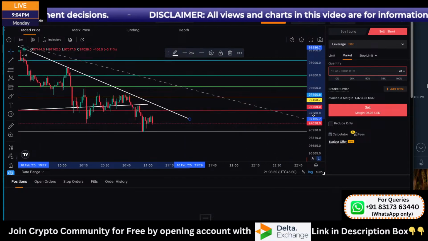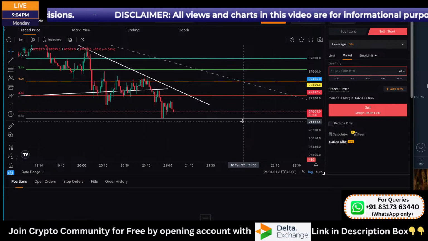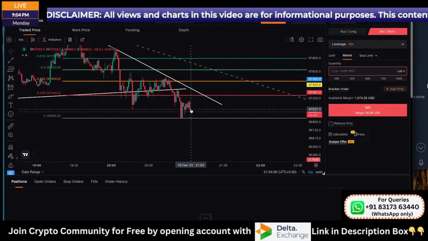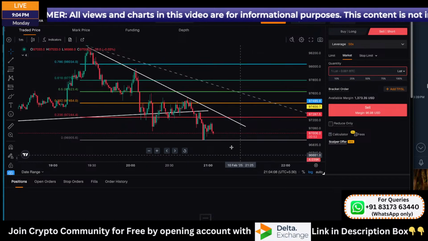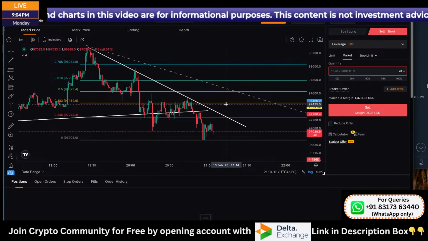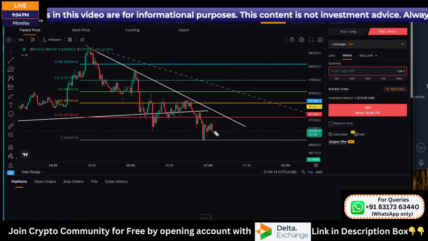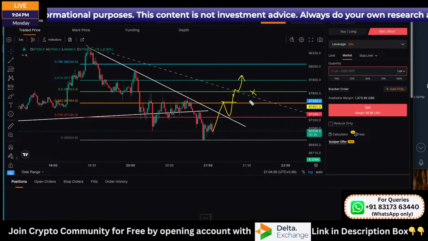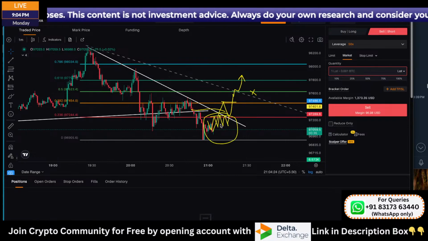So as long as the market stays below this trend line, there is no need to focus on any bullish trade right now. Resistance, resistance, resistance, and the fourth time, if it comes out of this range and also corrects, then later any upside move has potential of continuation. Until then, this can be a slow sideways to bearish market.